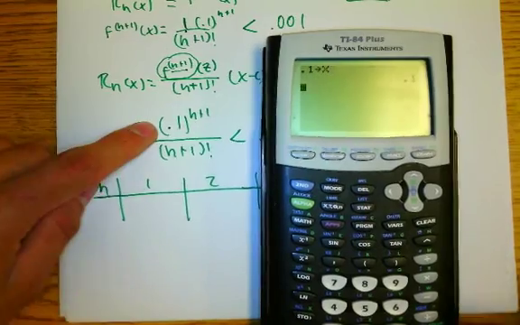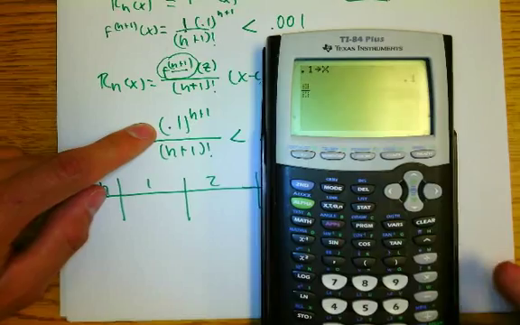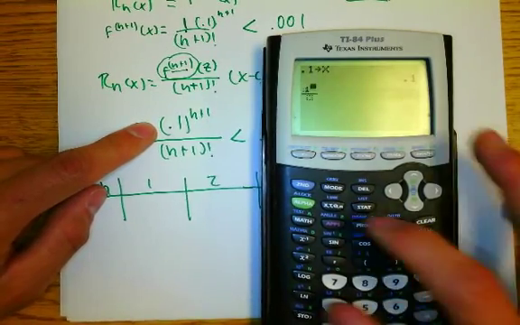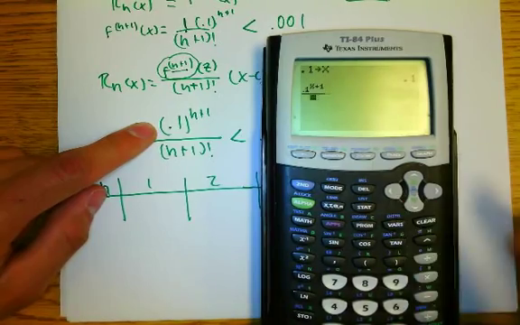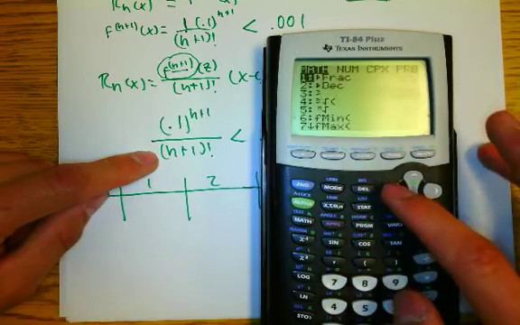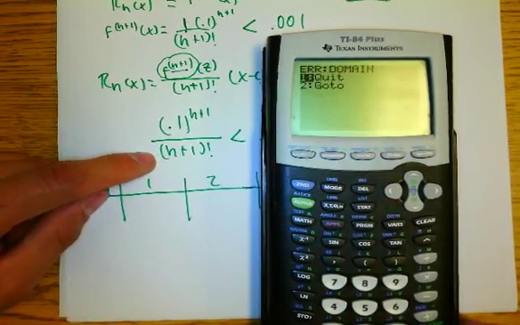Oh, what did I do? Oh, I put 0.1 instead of 1. I'm sorry. So I got 0.005. That's definitely not less than that, so I have to keep going.